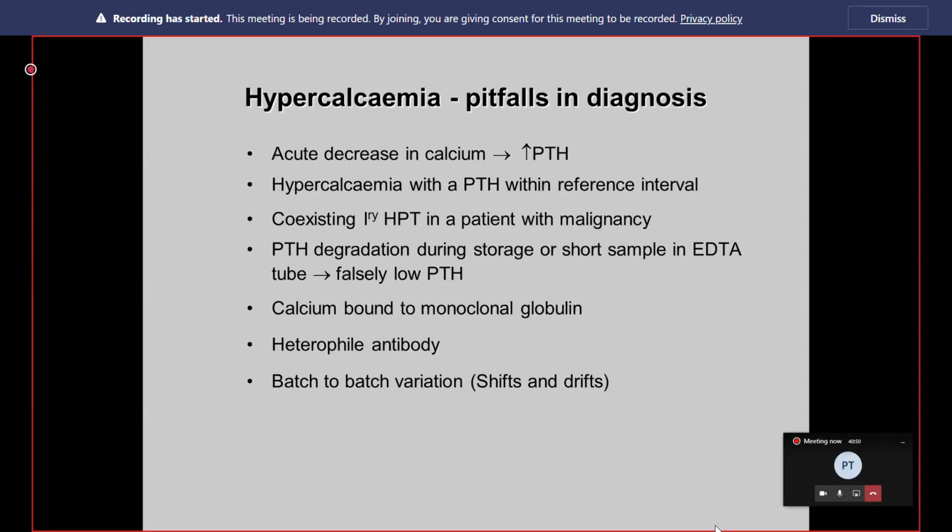Consider monoclonal band or monoclonal globulin which binds calcium, and so that can give a very high total calcium, but ionized calcium will be normal. Heterophilic antibody interference can occur with PTH assays, and PTH assays, like any other immunoassays, can have batch-to-batch variation, so we need to be aware of those. And I've already alluded to the differences between assays, so each commercial assay might have slightly different reference intervals.